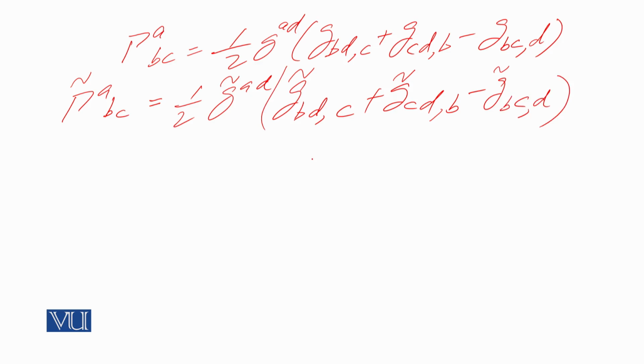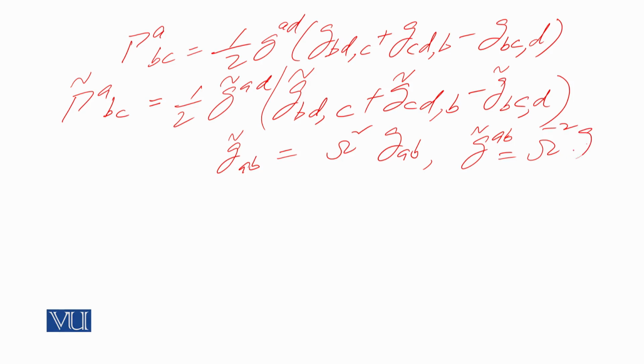Now, insert the values of these transformations, because we know that g̃_AB is equal to omega square g_AB, and similarly you can write g̃^AB is equal to omega raised to power minus 2 g^AB.